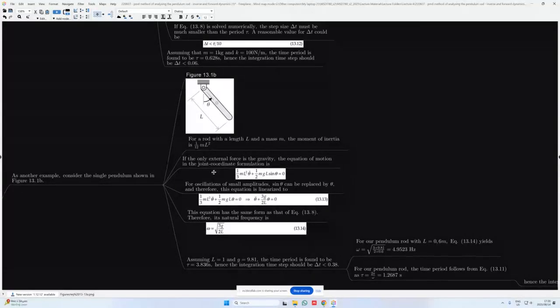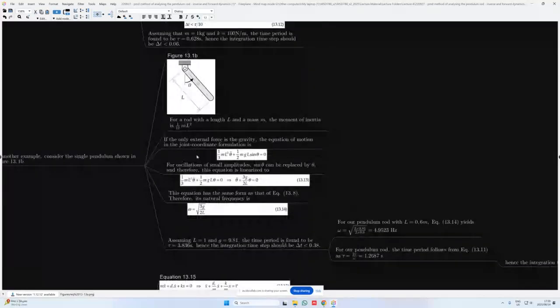And for oscillations of small amplitude, sine theta can be replaced by theta. And therefore, this equation is simply linearized to the second part that we see over here in equation 13.13. So continuing with the previous analogy, we simply use whatever is in front of the positional variable, and we take the square root of that to get our natural frequency.